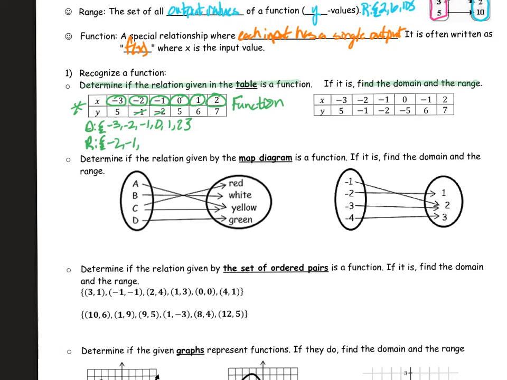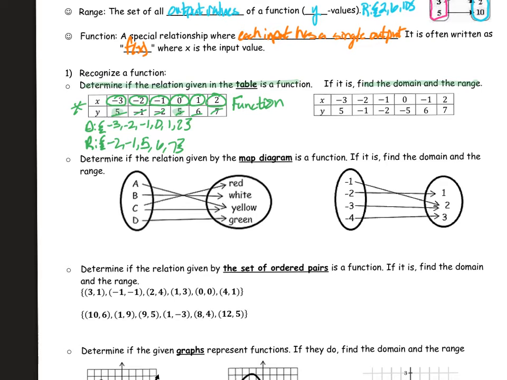So notice I have 2 5s here. I'm going to highlight it. I have a 5 here, and I have a 5 here. I only need to write it in my range when I'm writing it down one time. So this is 5, and then 6, and then 7. Okay, there we go. So there's my domain and my range.